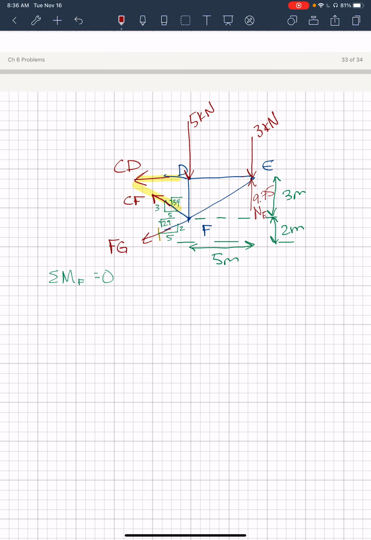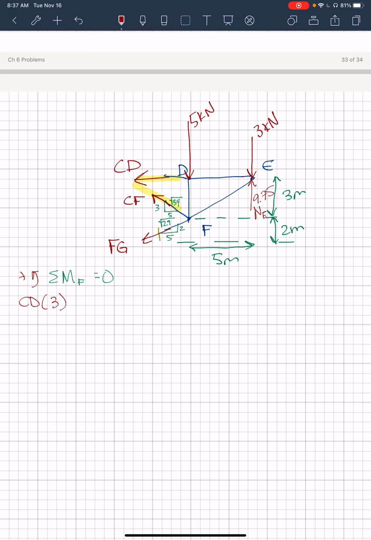So we can sum the moments about F, and we get that CD times its moment arm, which will be 3 meters. That 5 kilonewton force is in the same line as point F, so it doesn't create a moment. The same for CF and FG.